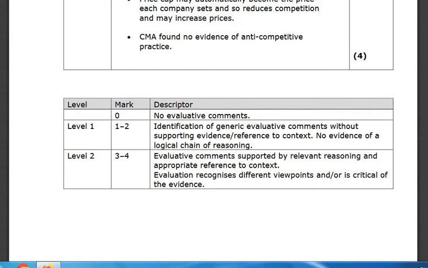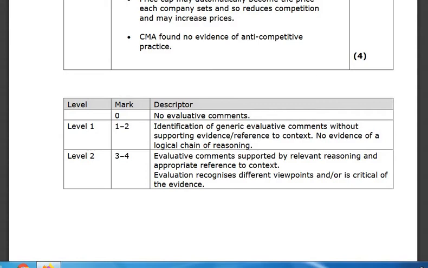Just don't do it. Level 2, evaluative comments supported by relevant reasoning and appropriate reference to context. So these judgments are relevant to the context. So they do match the extract. They do make sense.